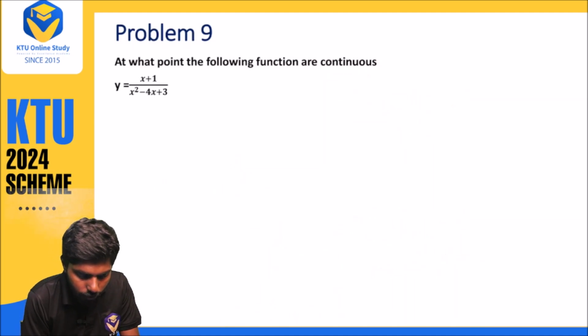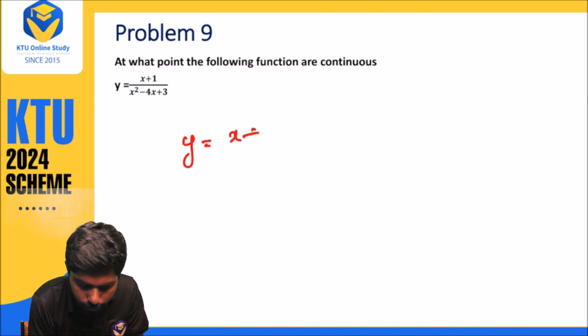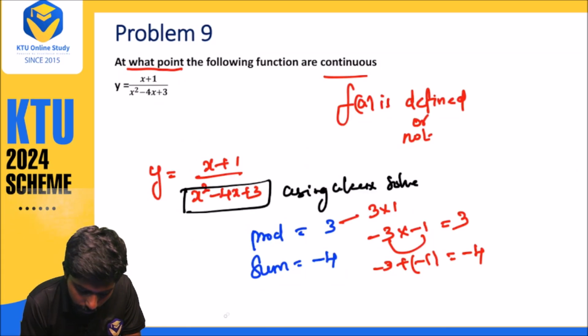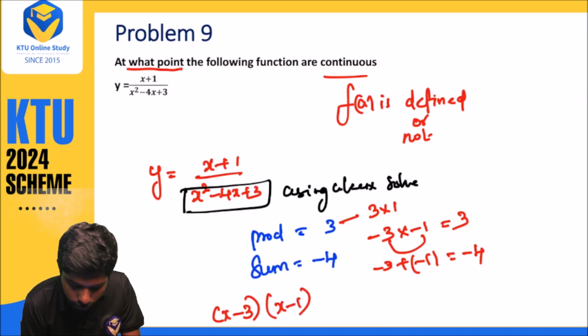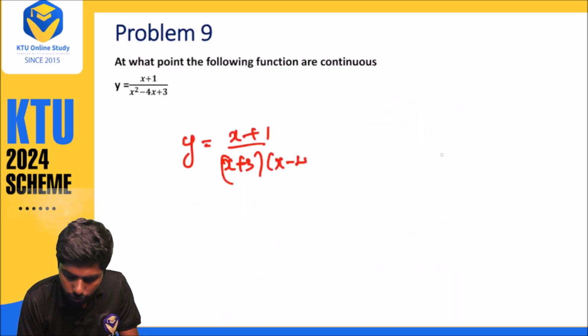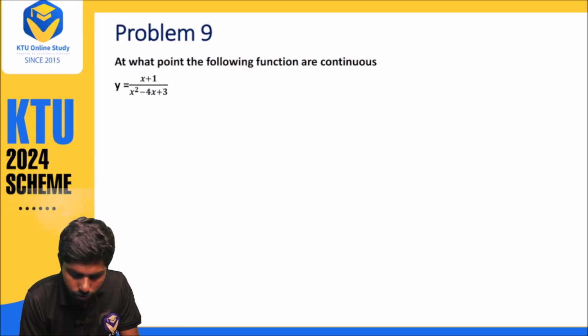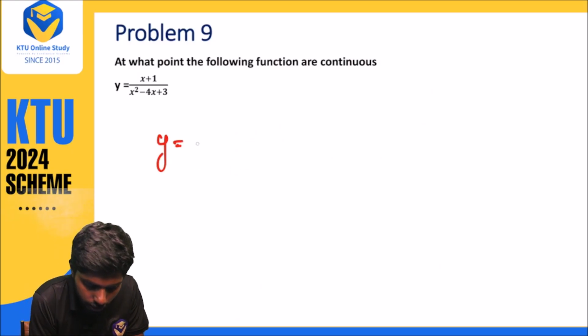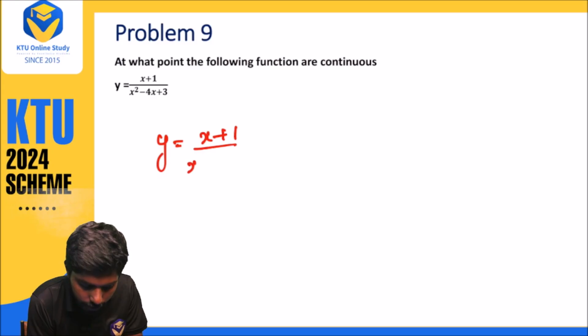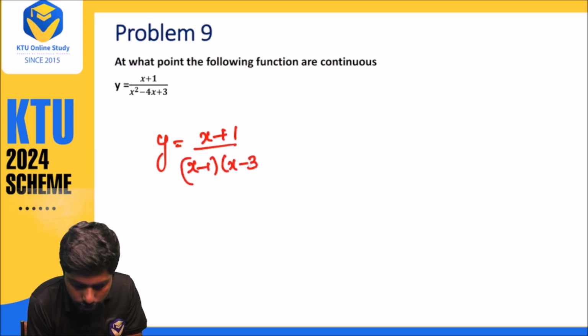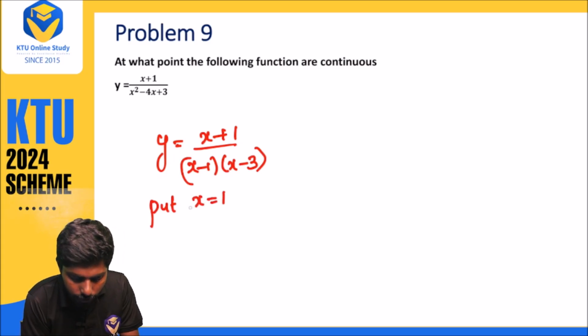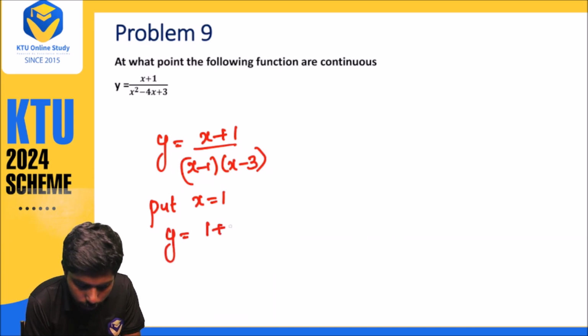So our y will become y is equal to x plus 1 divided by x minus 1 into x minus 3. Now put x is equal to 1. Y is equal to 1 plus 1 divided by 1 minus 1 into 1 minus 3.